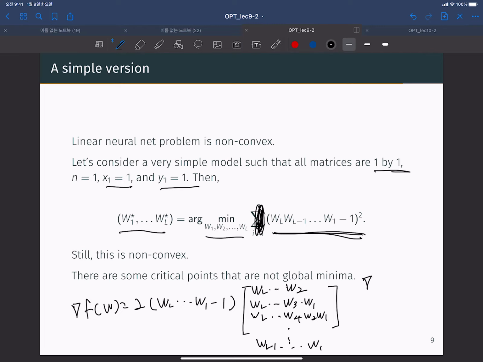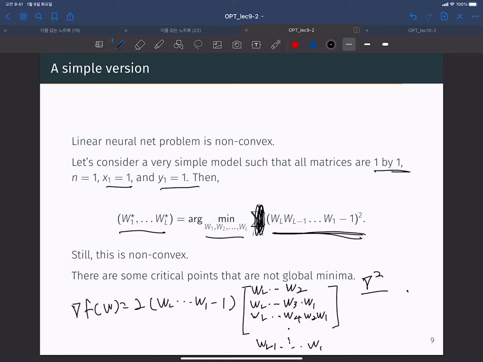And when you compute the Hessian, you can easily find an example where the Hessian has a negative eigenvalue. So this is a non-convex problem, and we cannot guarantee global optimality from any initial point. There exist some initial points that can converge to the global optimum with gradient descent with a nice step size. But there are also other initial points.